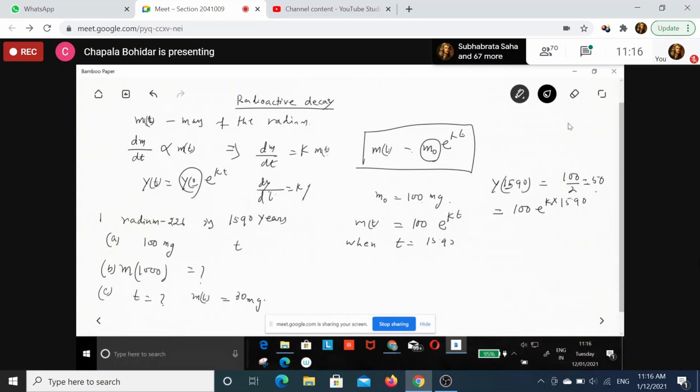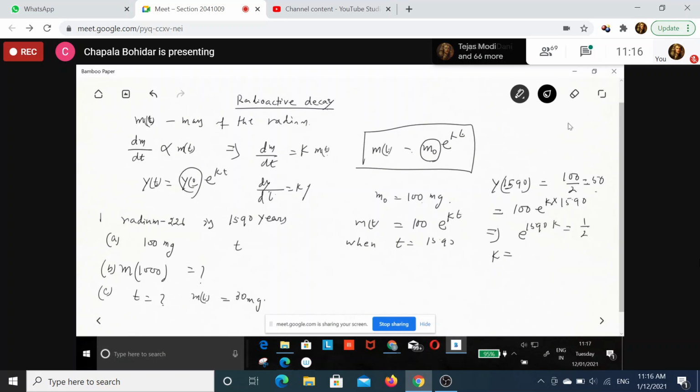Is it clear? So this implies e to the power 1590k is equal to 1 by 2. So k is equal to ln of 1 by 2 divided by 1590.